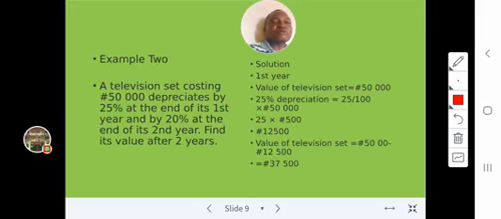Therefore, the value of the television set is 50,000 naira minus 12,500 naira, and that gives us 37,500 naira. You can see for the first year, at the end of the year, the television set has depreciated to 37,500 naira.